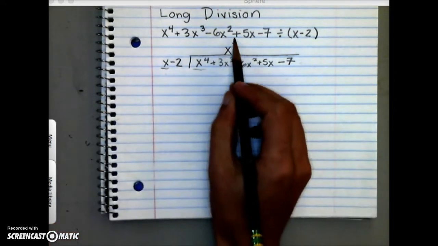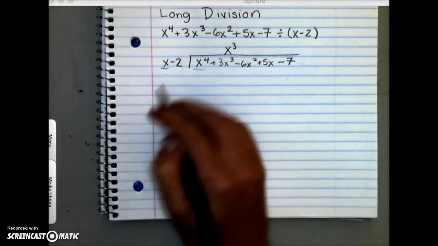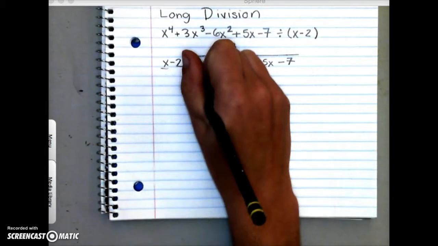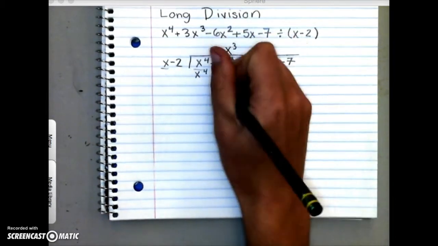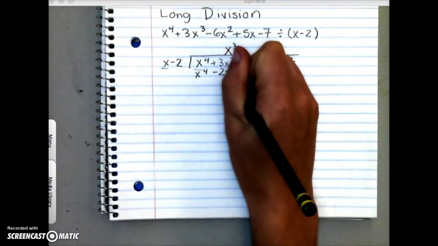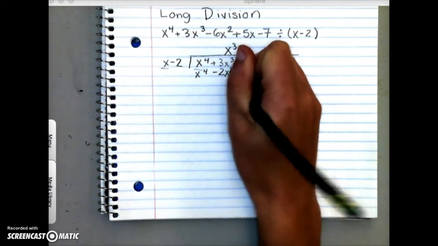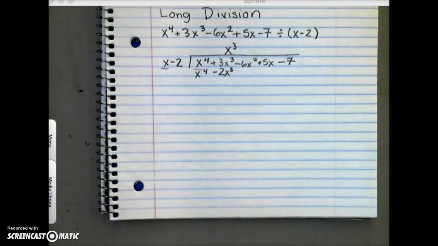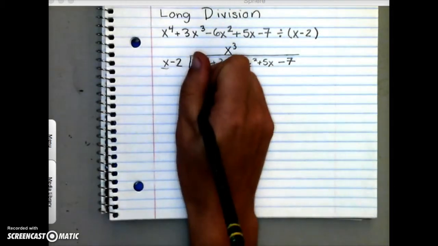And you're going to take this x cubed and you're going to multiply both of these pieces. X to the 4th minus 2x cubed. Okay? And then what we're going to do with this is just like long division, we're going to subtract.